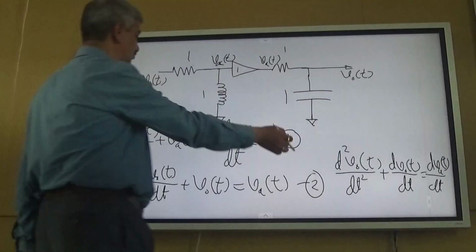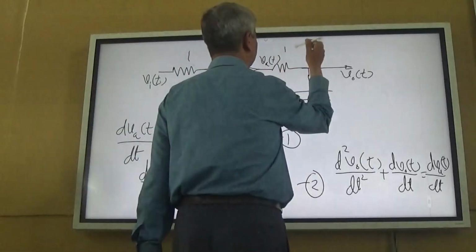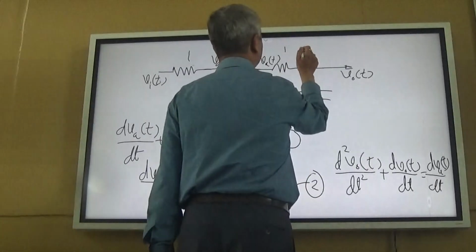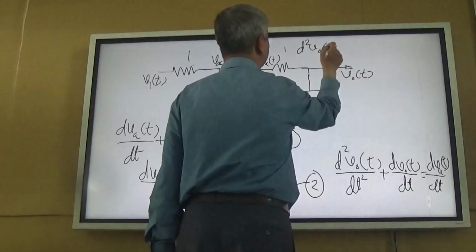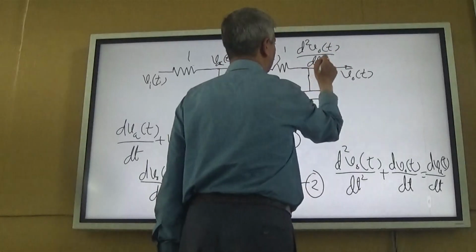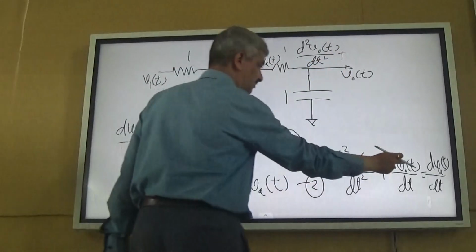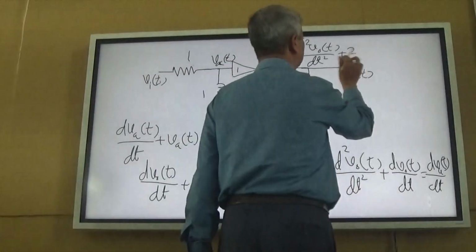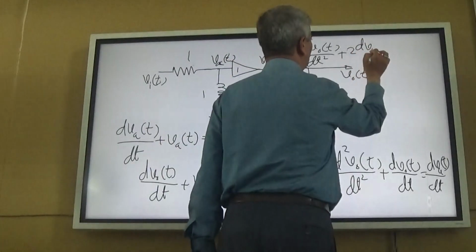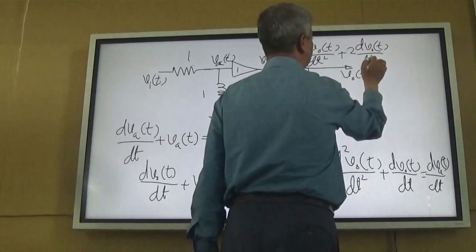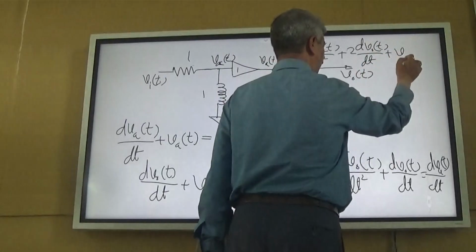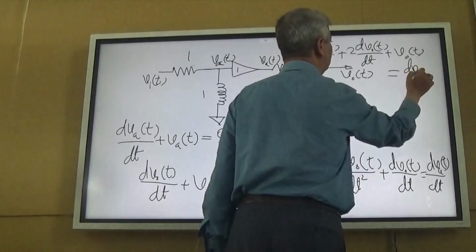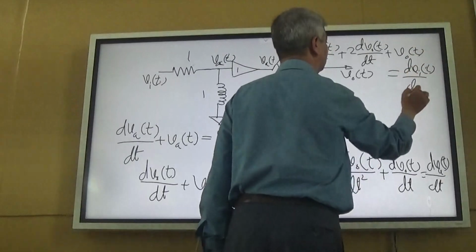So we write here only, it's very simple. d2VO(t) upon dt square plus dVO(t) by dt plus dVO(t) by dt, so 2 dVO(t) upon dt plus VO(t) is equal to dV in t by dt.